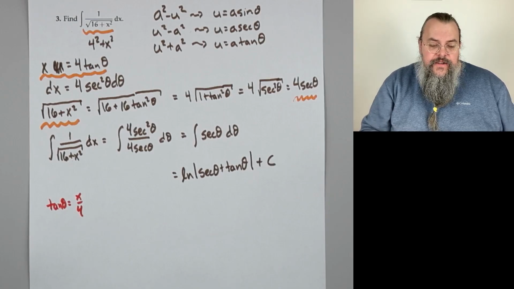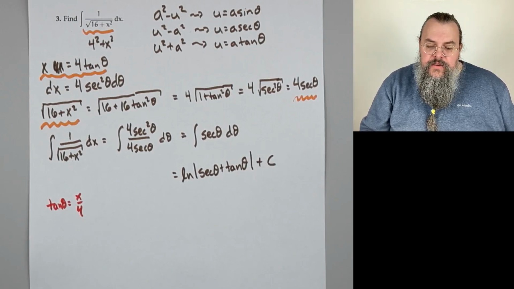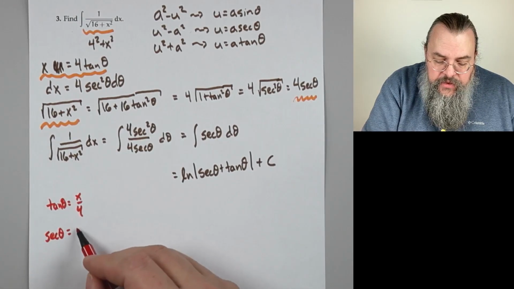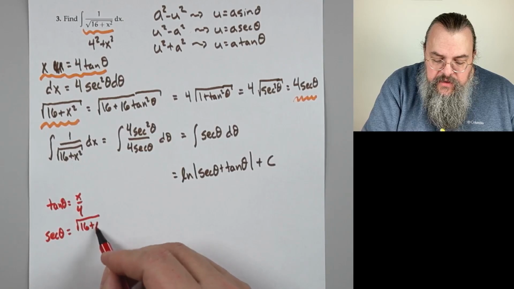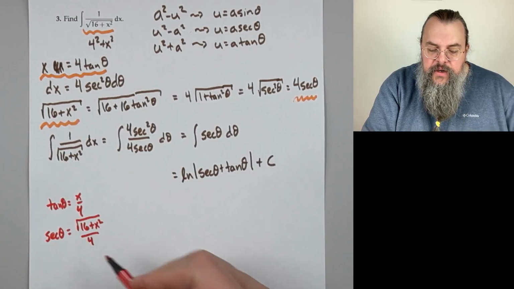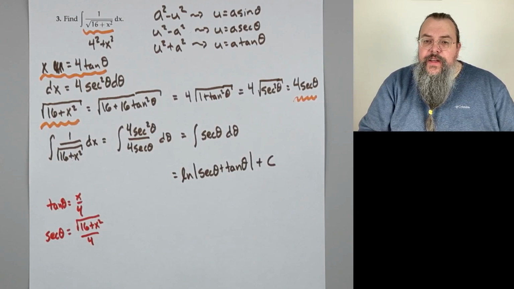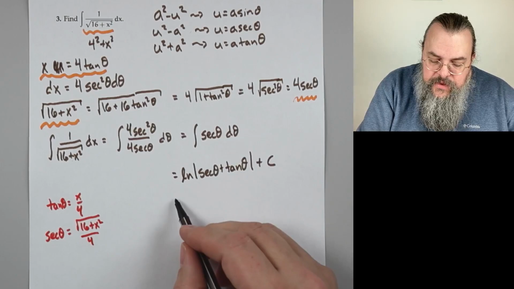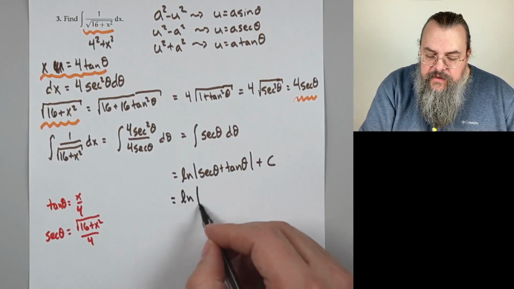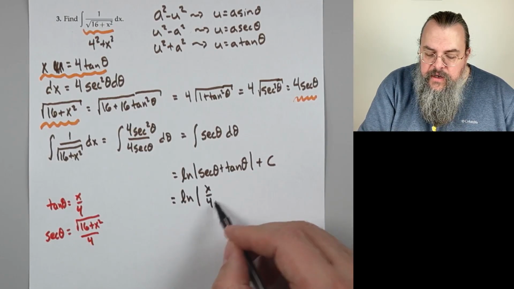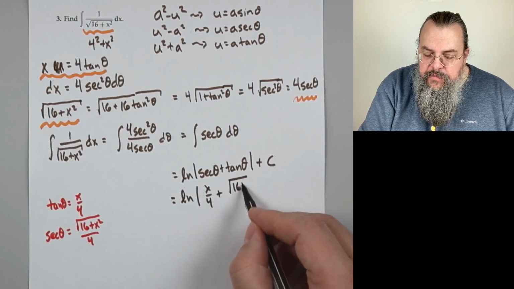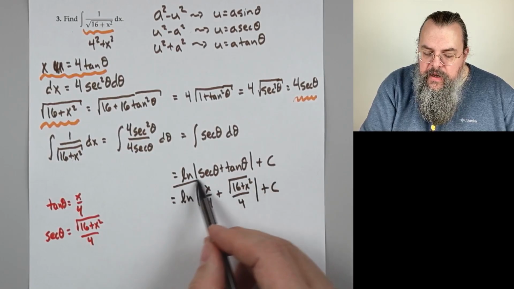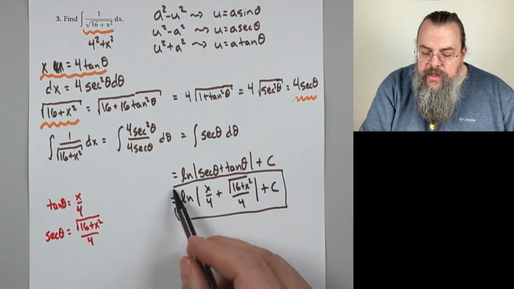Oh, okay. So that tells us, wow, secant theta, we know what that is. It's equal to the square root of 16 plus x squared over 4. Perfect. And so we can replace both of these parts. So this is equal to the natural log of x over 4 plus the square root of 16 plus x squared over 4, plus c. And we've got an answer.